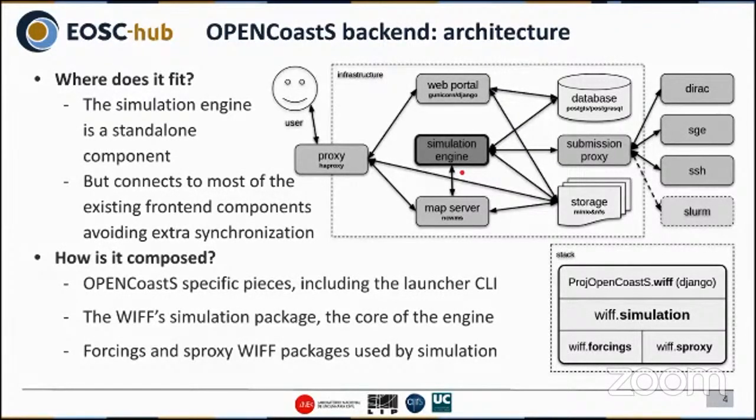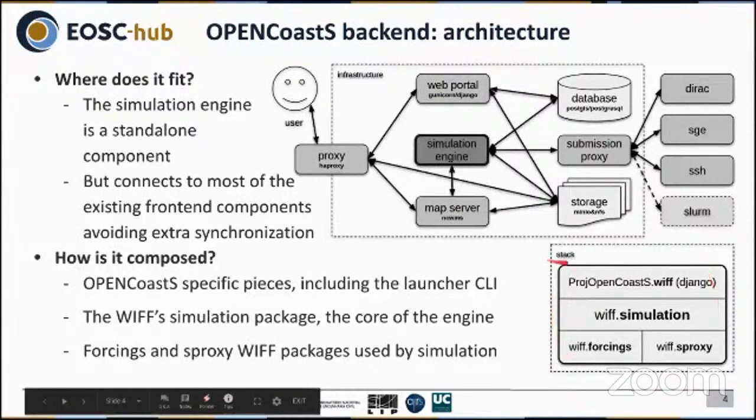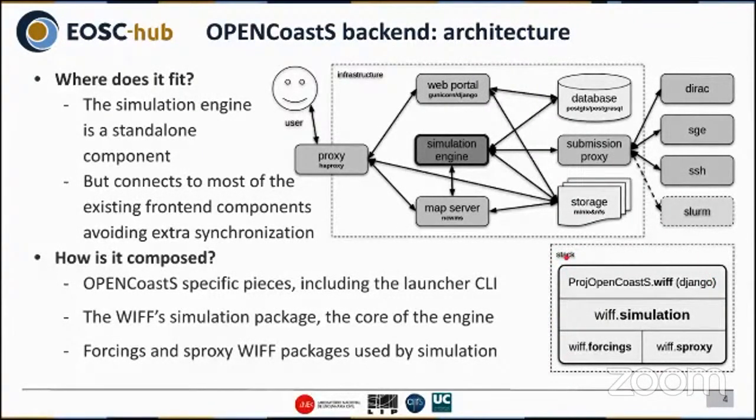How is the backend composed? It's a Python stack formed by a few packages split into 3 layers represented in the bottom figure. The top layer comprises the OpenCoast specific stuff, including the command line interface tools to interact with the backend. It's implemented as a Django application alongside the other apps used in the front end and sharing the same data model.